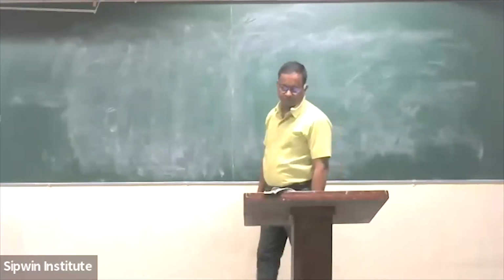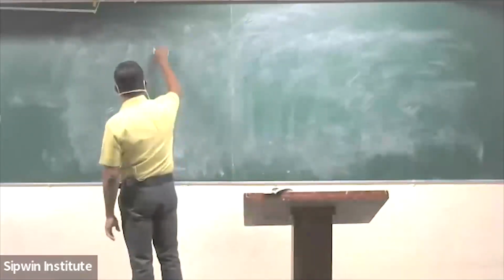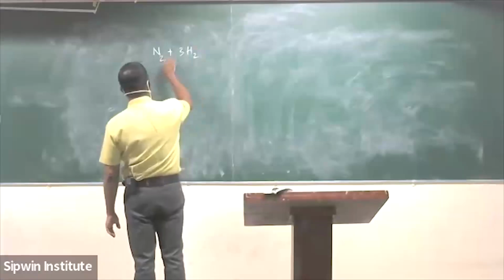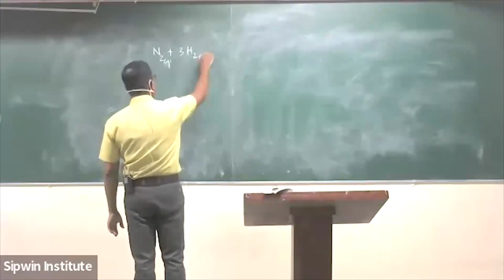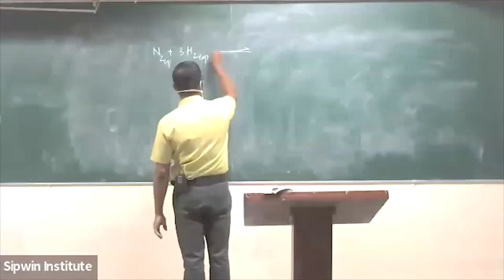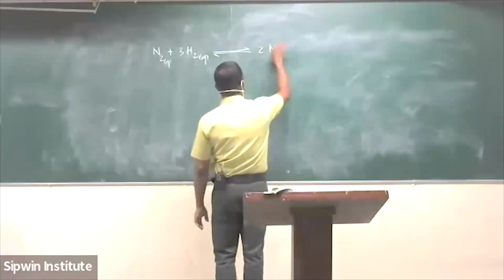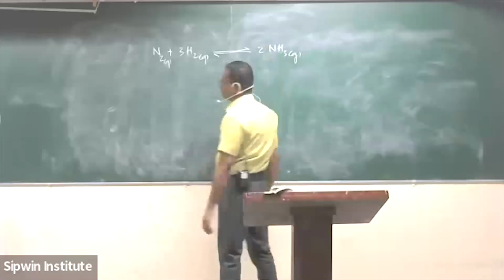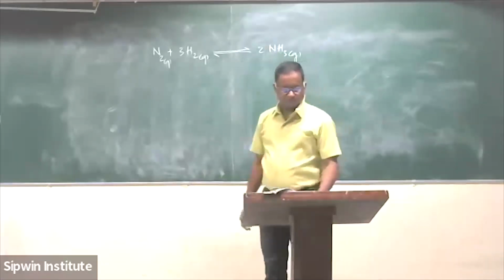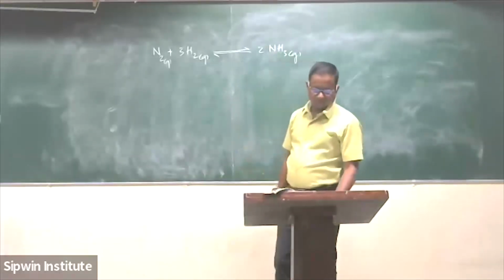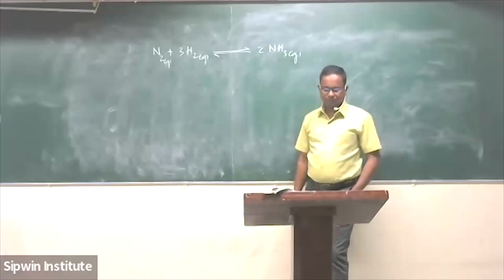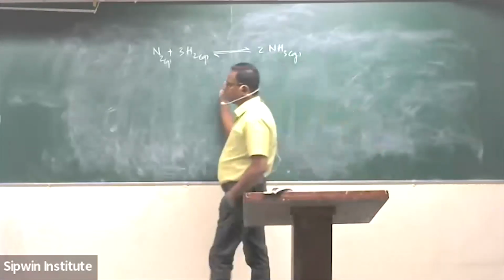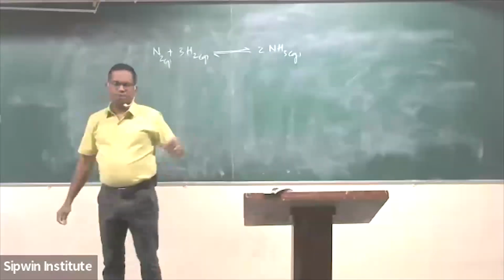Example: nitrogen gas plus 3 hydrogen gas gives 2 ammonia gas. When you consider this industrial process, write the physical states.